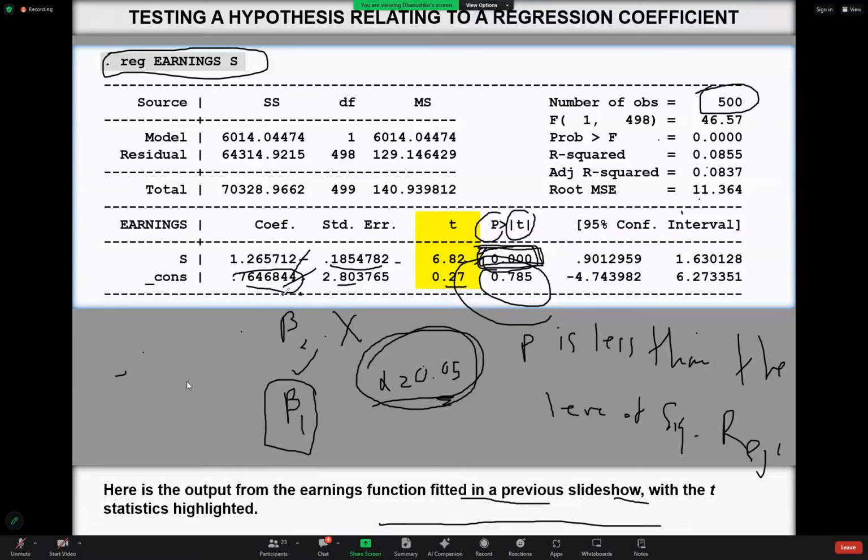Then this is not significant. That means we accept beta 1 equal to 0. That means it is not significant. Is it clear? This is the way to conduct hypothesis testing.